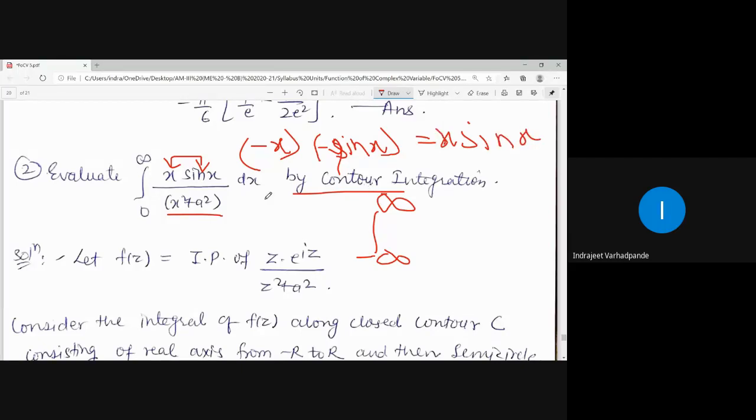That means the denominator will also be as it is. Replacing x by minus x in the numerator, the ultimate result is x into sin x, which is simply the original question. So odd function into odd function gives you an even function.